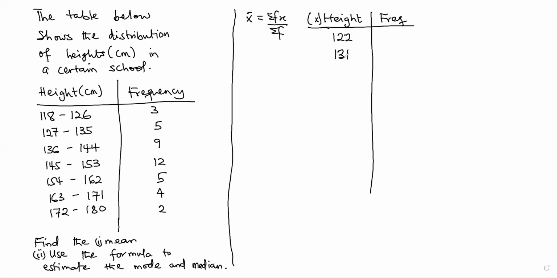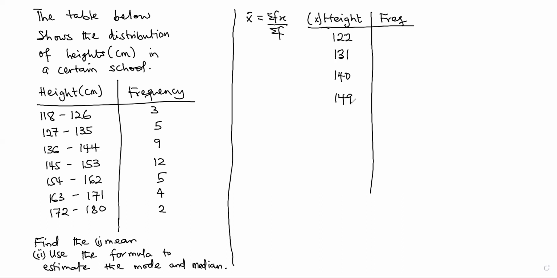The next one is 136 plus 144 divided by 2, we have 140 here. 145 plus 153 divided by 2, and we have 149.